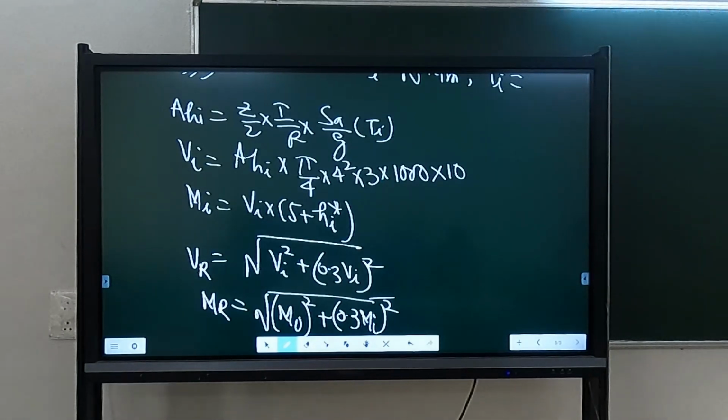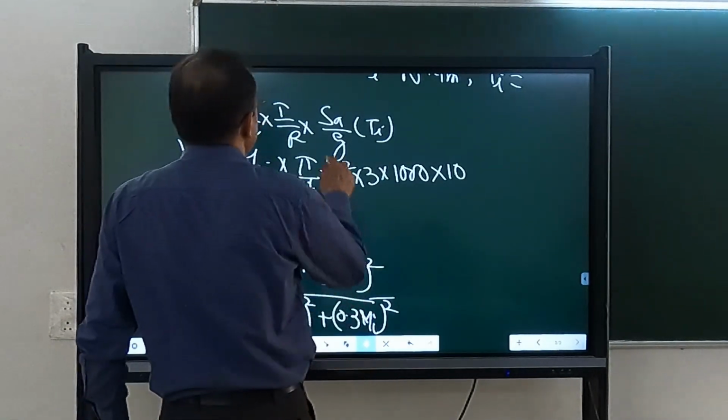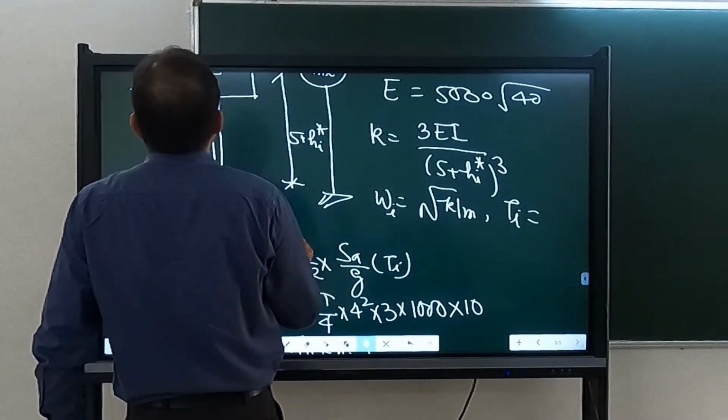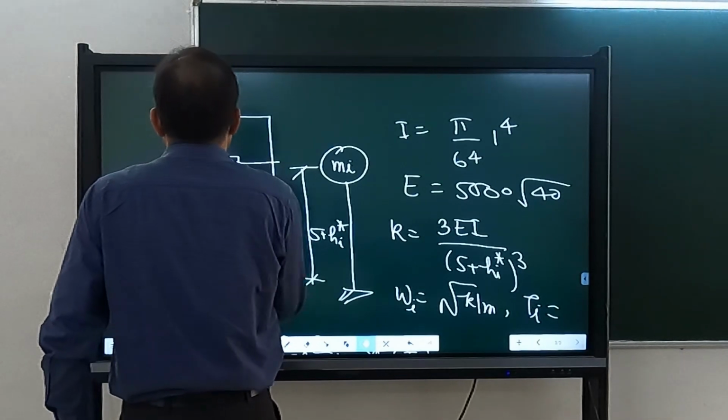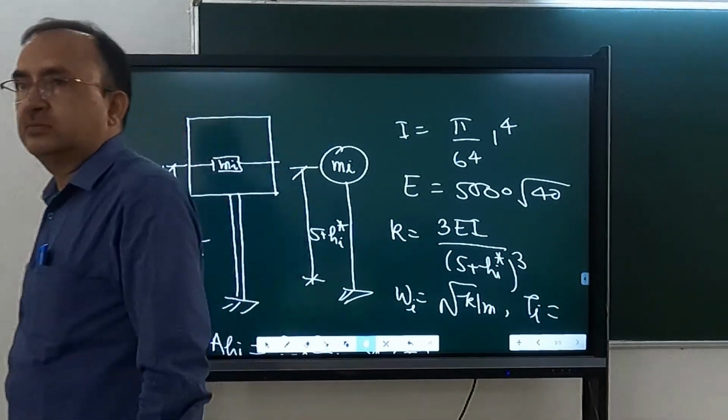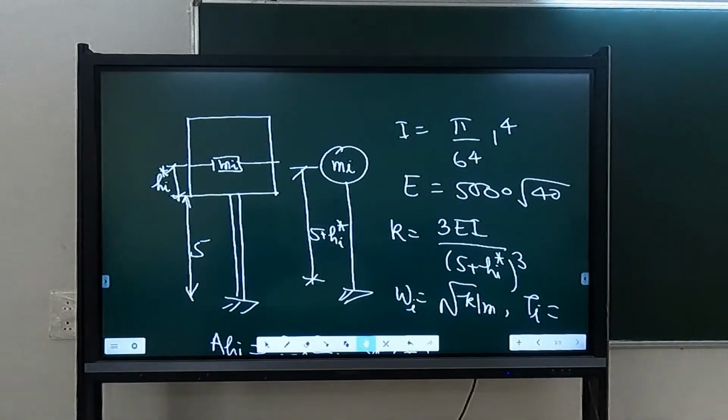For calculation of that stiffness, the stiffness is Ks, the stiffness of the staging. So we can lump the overall mass of the water tank at one point only. Because MI acts at this height, but we need the stiffness of that staging, Ks.